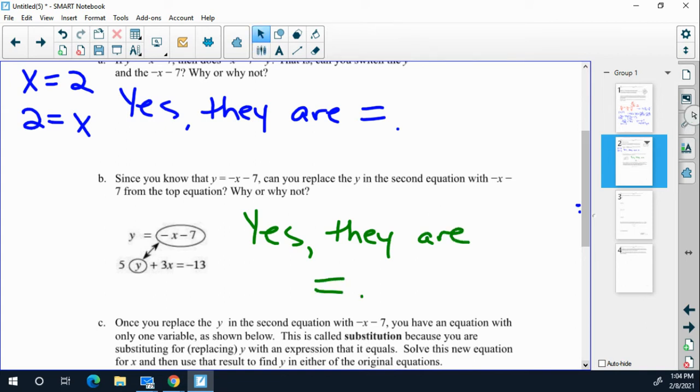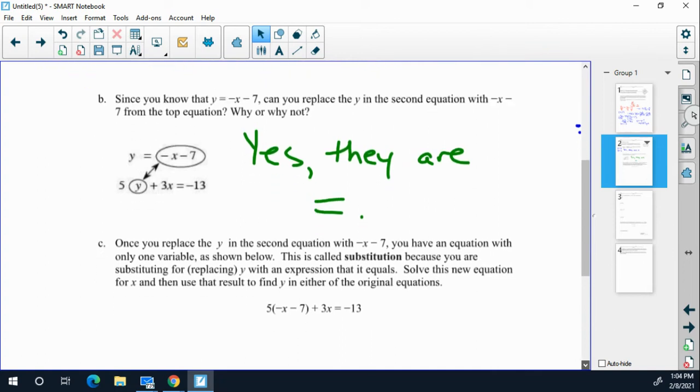Very simple. Because it says y is equal to this. Y is equal to this. Now, if they were different equations, then you could not write that. Okay, pretty simple. Am I going too fast? No. Okay.